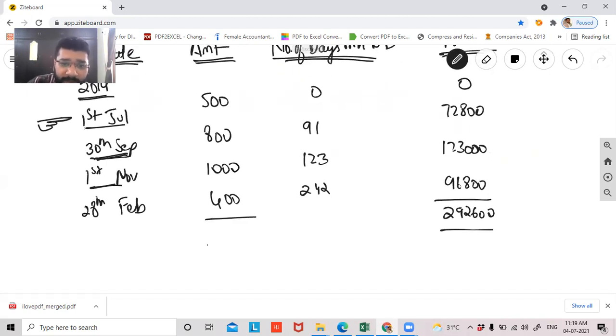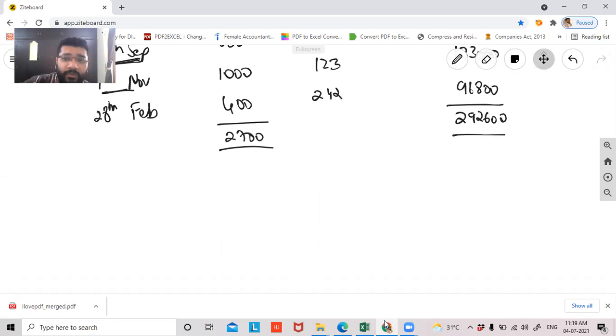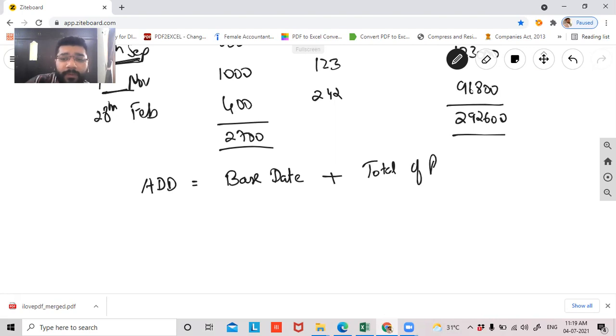What is the total of amount, guys? Total of amount is 2,700. So average due date, guys, what is average due date? Base date plus sum of product divided by sum of amount.